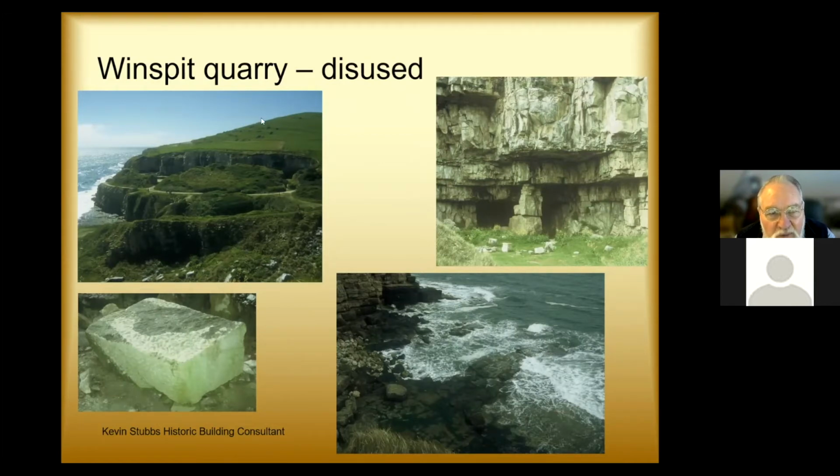You didn't want the upper stone, that was mainly rubbish, so it was done via galleries into the face. The blocks were brought out and just roughly shaped, because you didn't want to be transporting a load of rubbish to your building site in London. And so the blocks were roughly made into rectangular blocks.